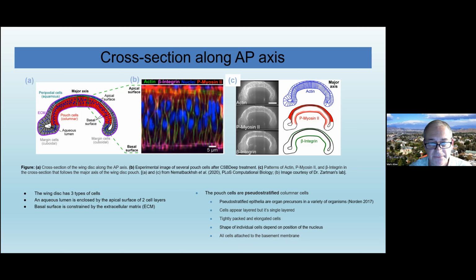So myosin, the nuclei fluorescing in blue, integrin, and actin is present here. By determining where the green is, where the actin is, you can see the membranes of individual cells. And then you can see myosin, and there's a concentration on top, and sometimes a concentration on the bottom. And then integrin, it's responsible for adhesion.